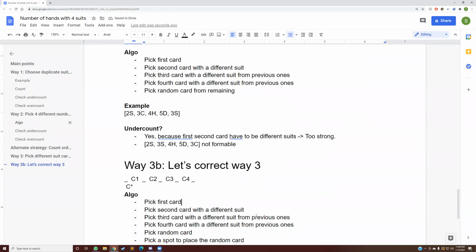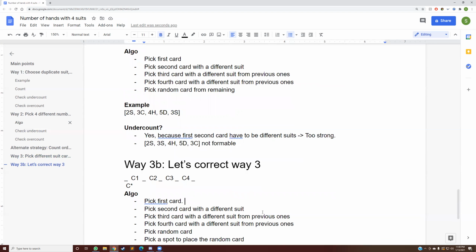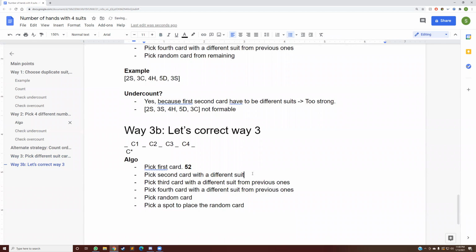Let's do some counting then. Pick first card. How many ways are there? We're not talking about suits. Pick one card to place in the first spot: 52. Pick second card with a different suit: 39. Then 26. So this looks close to your approach, right?